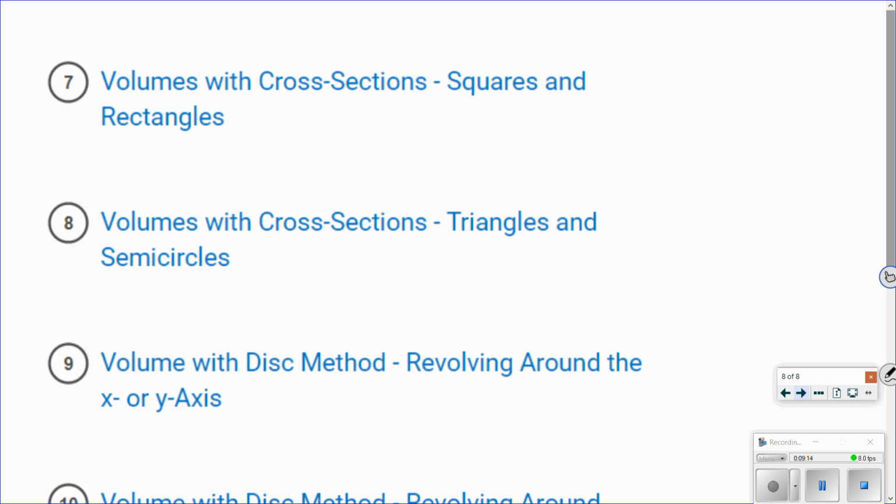And then the last couple are just finding volume with the disk or washer method, revolving them around the x or y axis. I think it's kind of unfortunate because those are problems we usually do really well on, but there will be no area problems. There will be no volume problems where we use integrals to find those.